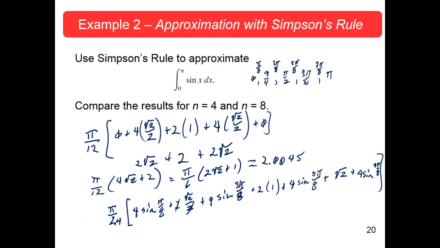8 times the sine of 3 pi over 8. 3 times pi divided by 8. The sine of that, right? Plus 2.